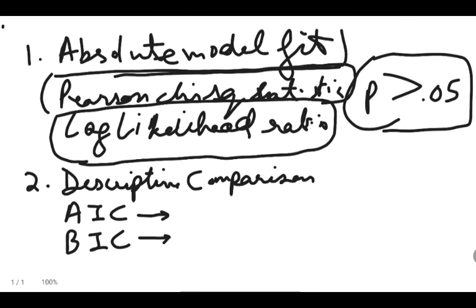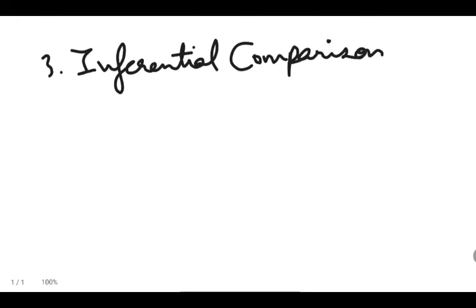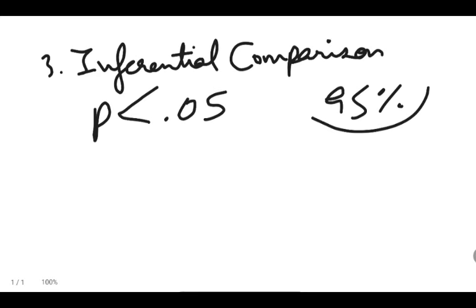Now, what is the third criteria? Third is inferential comparison. In this, we are testing the significance of different models. We use parametric bootstrapping for assessing the hypothesis, that is, whether a 3-class model is better than a 2-class model. So we use parametric bootstrapping, and if the p value is significant, that is, less than 0.05 at the 95% confidence level, which is the testing level we have adopted for our tests, then we reject the 2-class model.